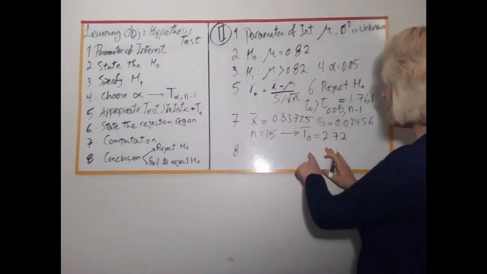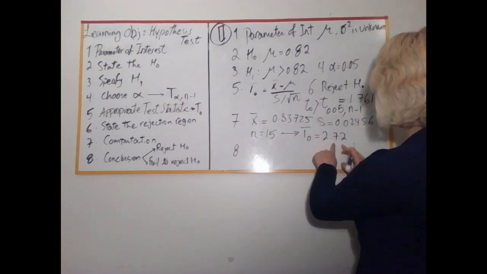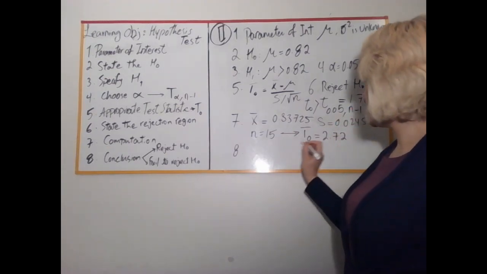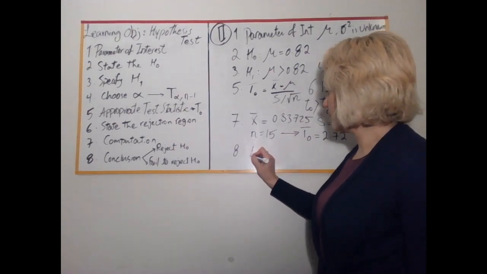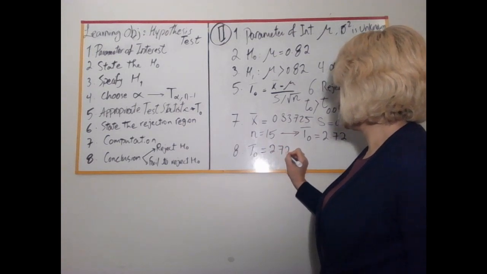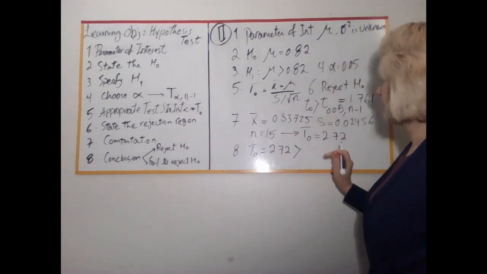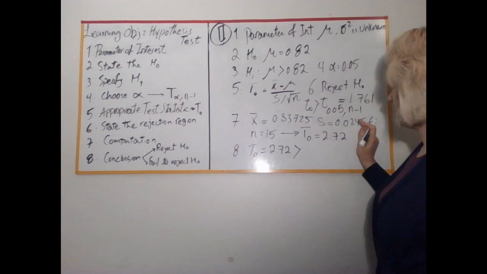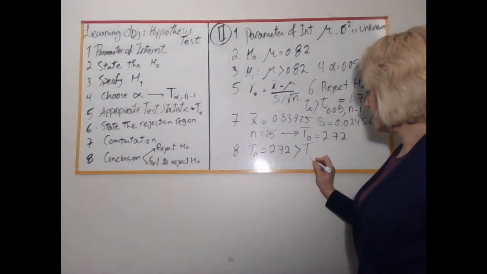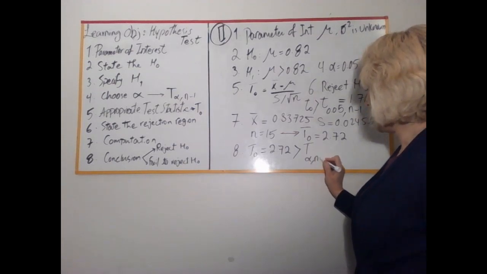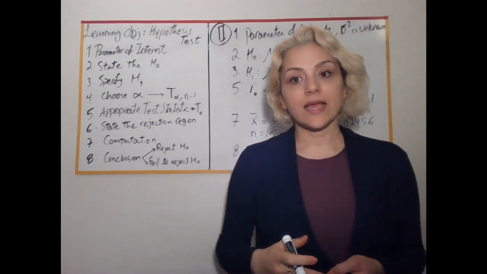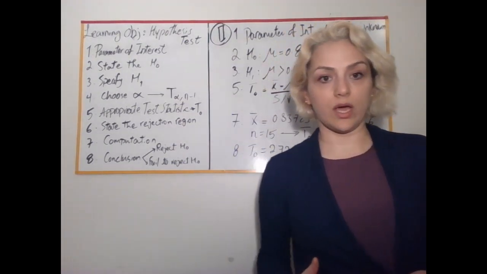So we are going to compare this 2.72 with 1.761. We will see that our t null, which is equal to 2.72, is greater than t at alpha and n minus 1. When it's greater, we are going to reject the null hypothesis.